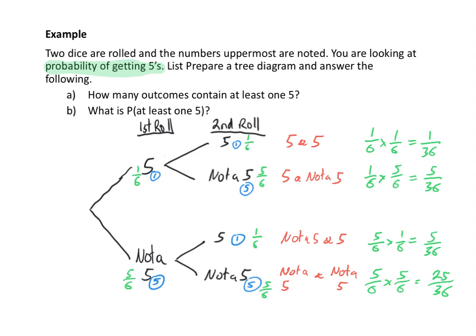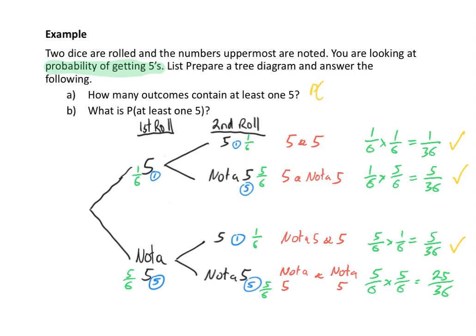To answer part B, the probability of getting at least 1 5, that is going to be 1 5 contained in the first outcome, at least 1 5 contained in the second, and 1 5 contained in the third. So for the probability of at least 1 5, I need to add all of my successful probabilities together.